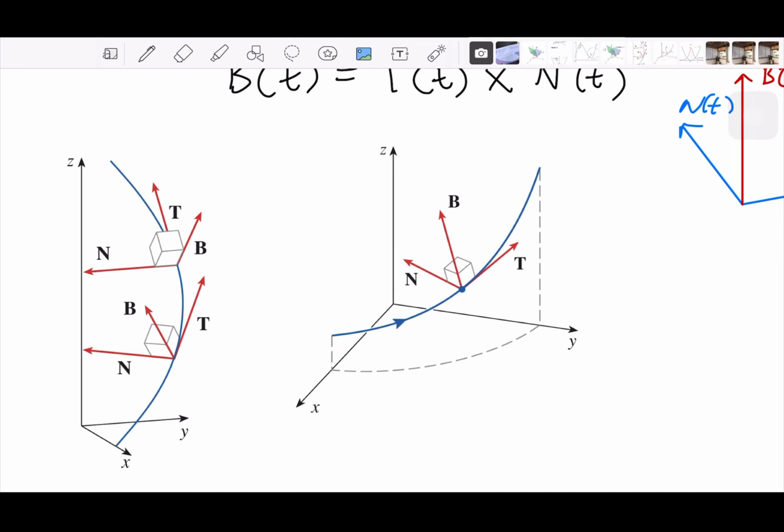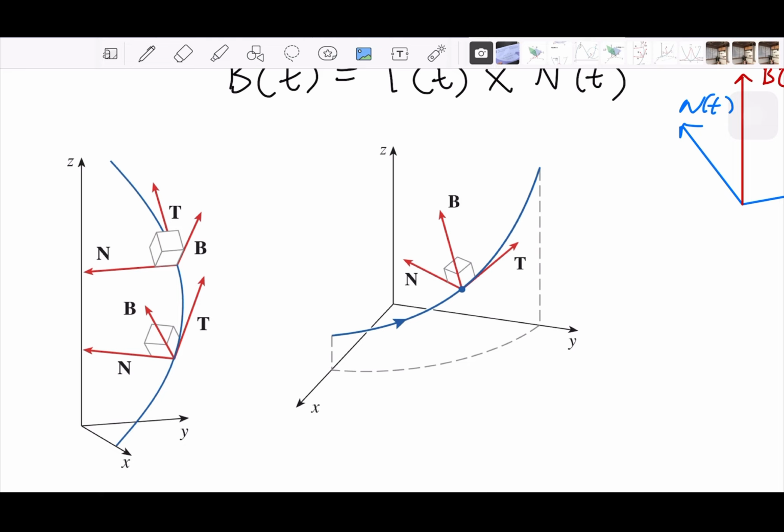Whenever we have some movement, the idea is just the unit tangent first. This is the N. The binormal vector is going outside, like that. So as we move here, the unit tangent goes there, and the unit normal vector also changes a little bit. And this binormal is also changing, going outside like that.